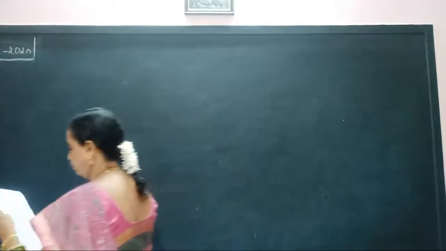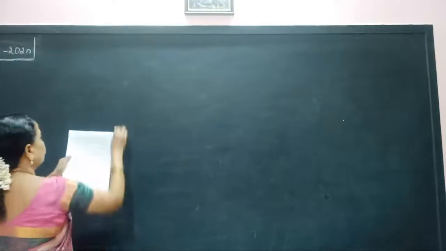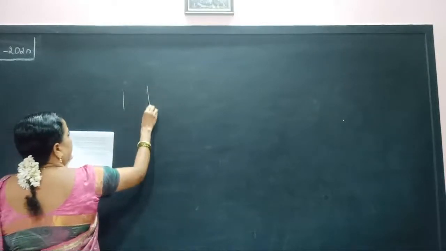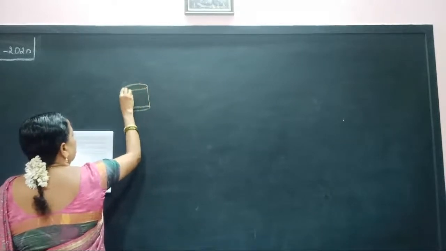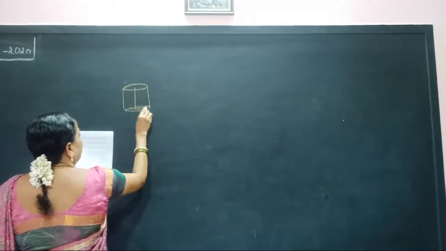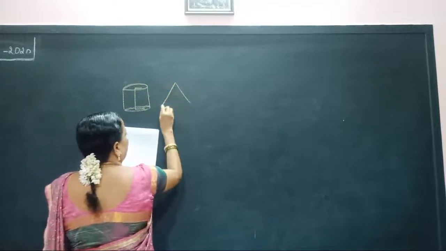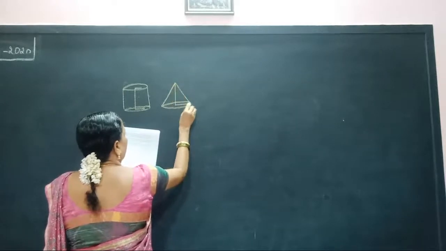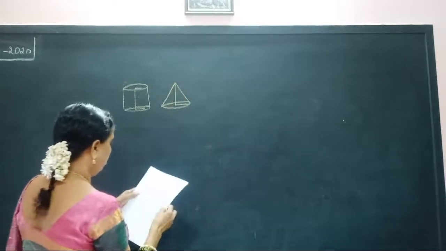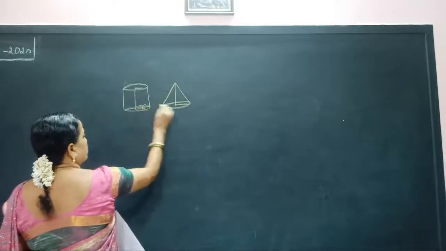Next question. A cylinder and a cone have equal radii of their bases.